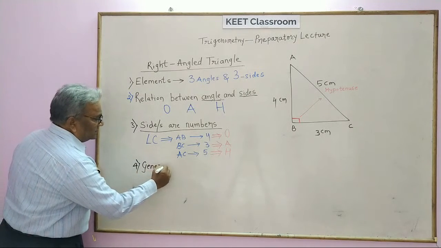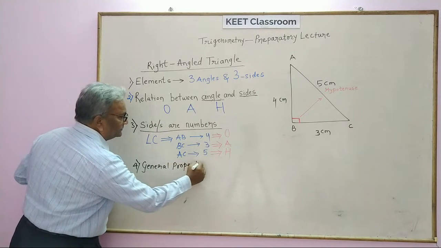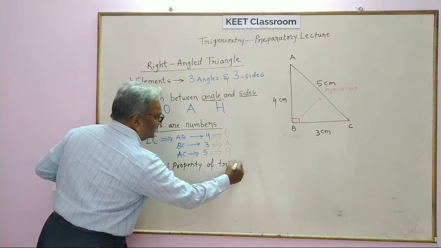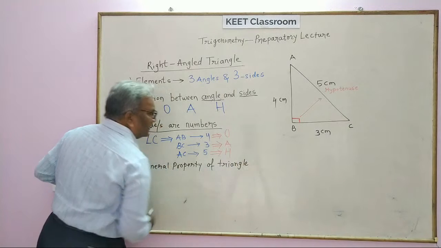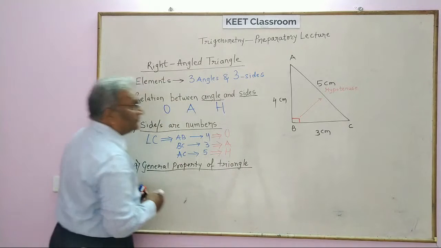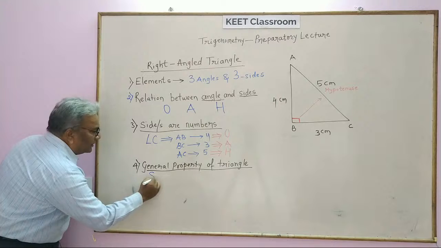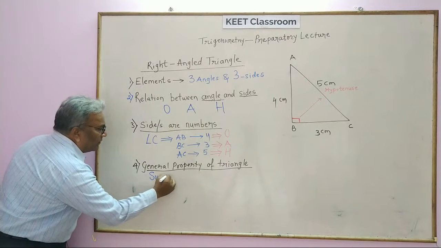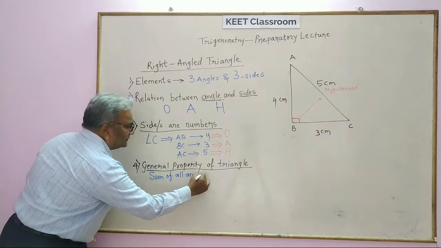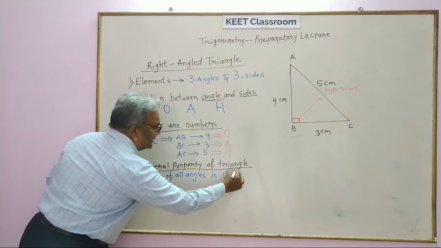That is the general property of a triangle. So one of the general properties which we need here is the sum of all angles of a triangle is 180 degrees.